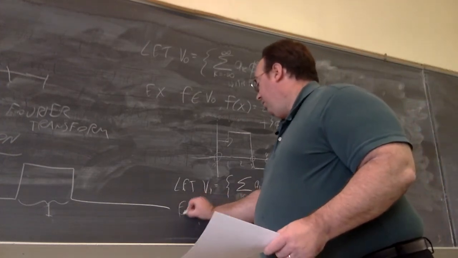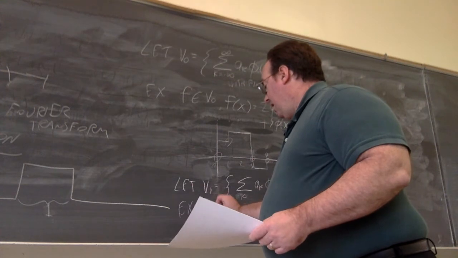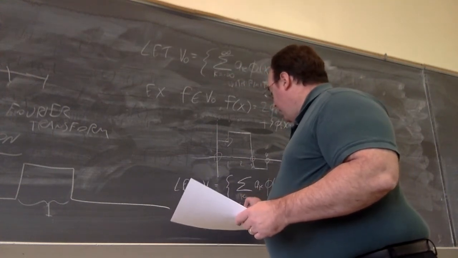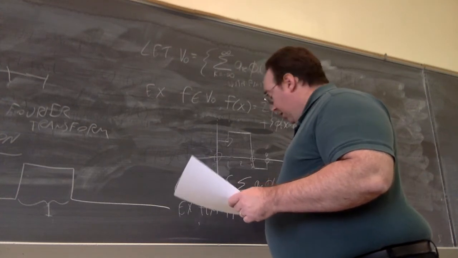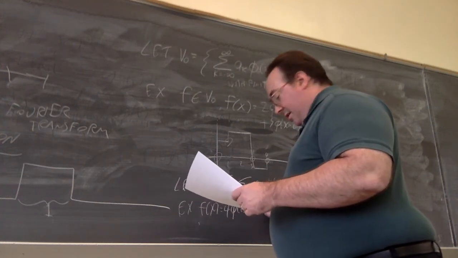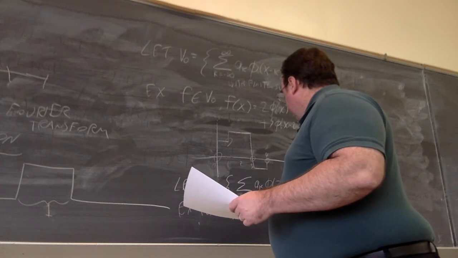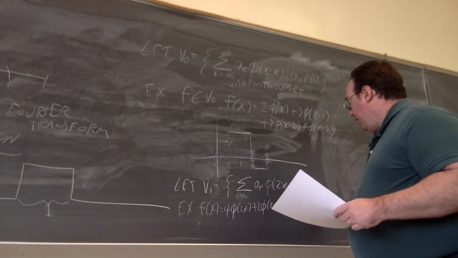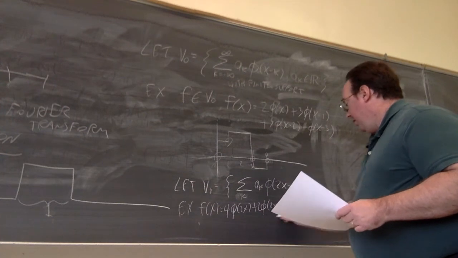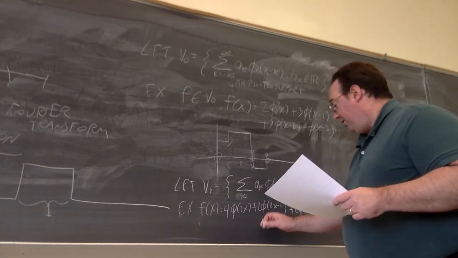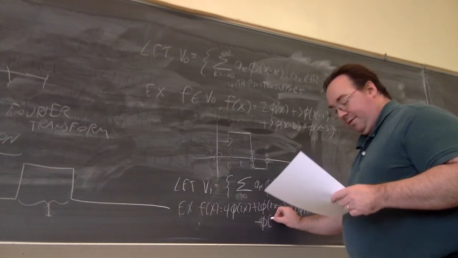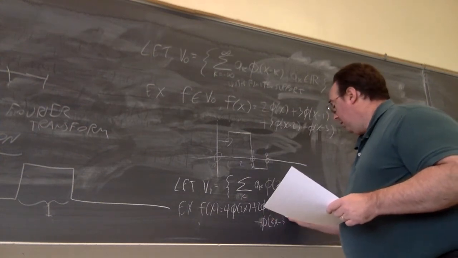So as an example, I'll let f be 4 phi of 2x plus 2 phi of 2x minus 1 plus 2 phi of 2x minus 2 plus or minus phi of 2x minus 3.